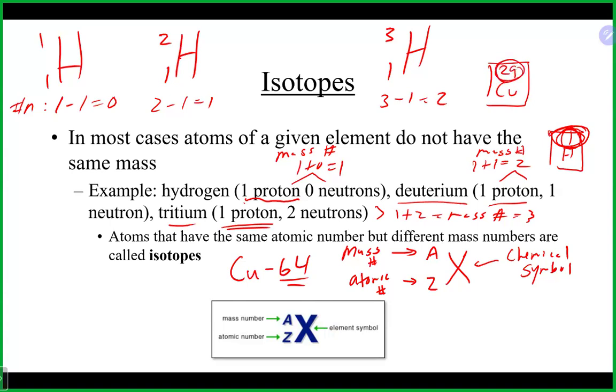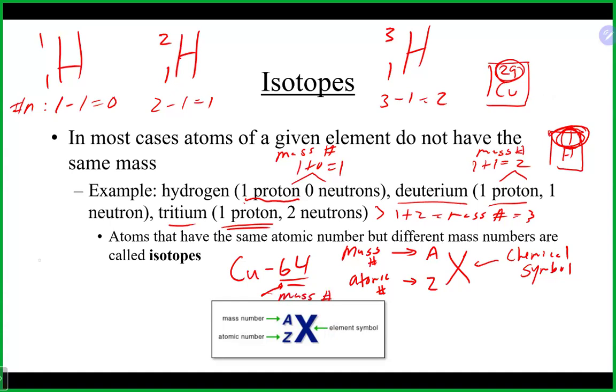I know for sure that the atomic number for copper is 29. It would tell me that the 64 is definitely not the atomic number, which would leave it's probably the mass number, right? So that's a very common way isotopes are written. This number here is the mass number.